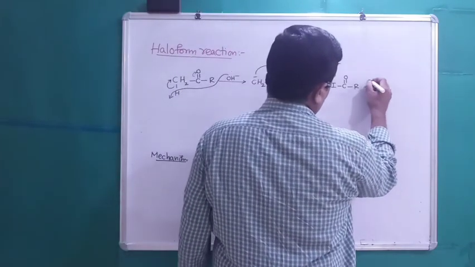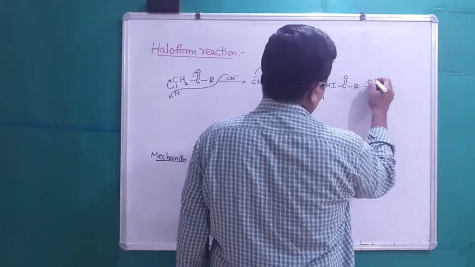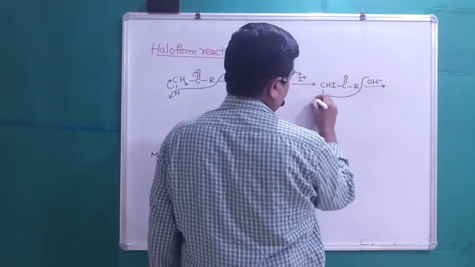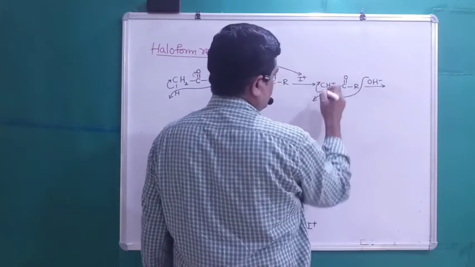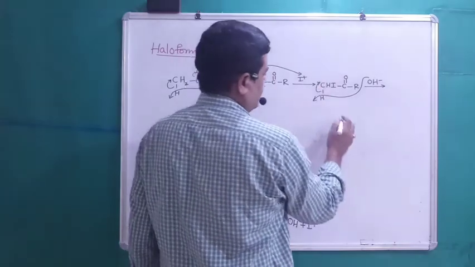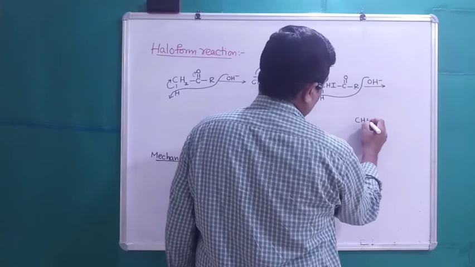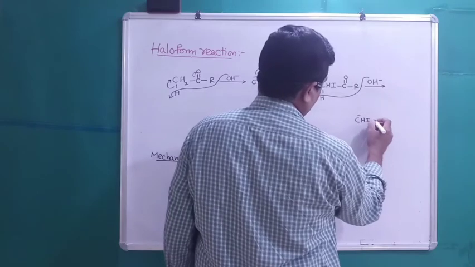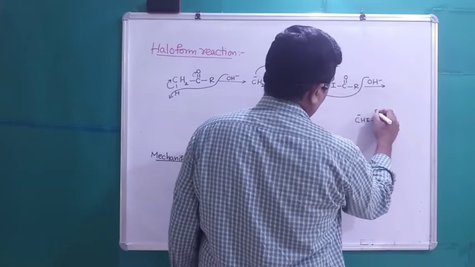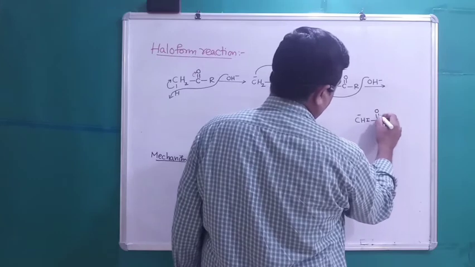Again the base removes another hydrogen, the bonded pair of electrons shifts onto carbon, and carbon gets a negative charge: CHI minus-C=O-R.